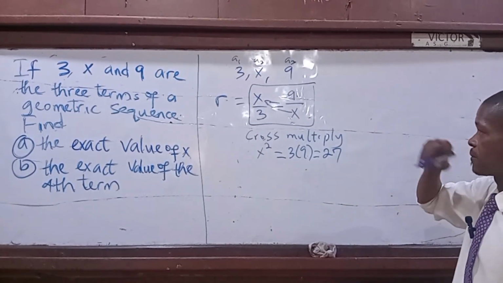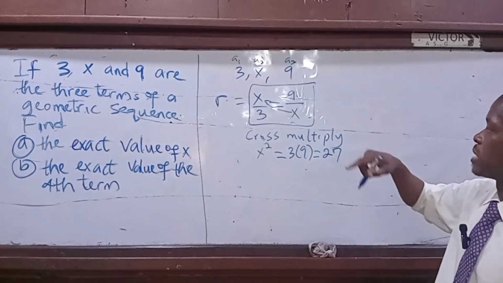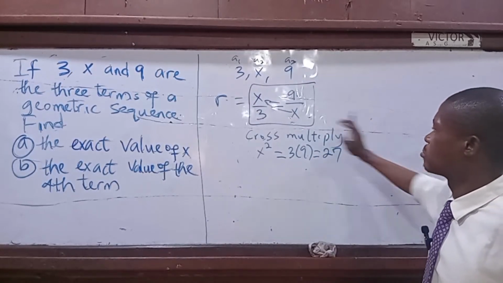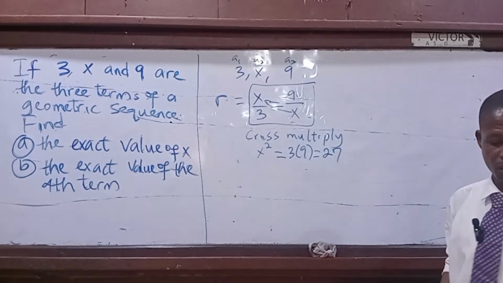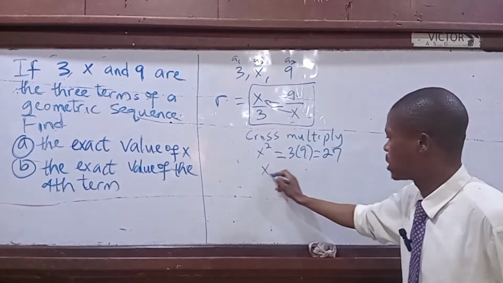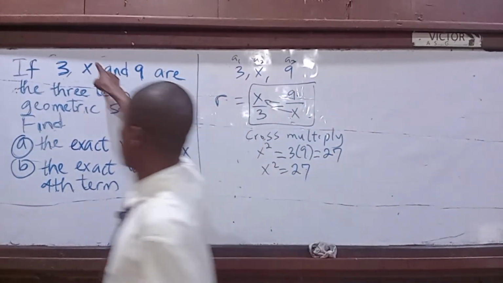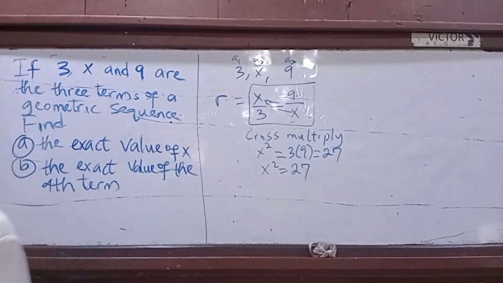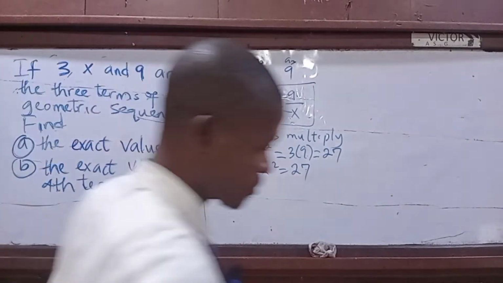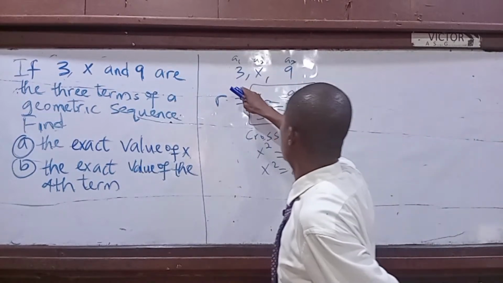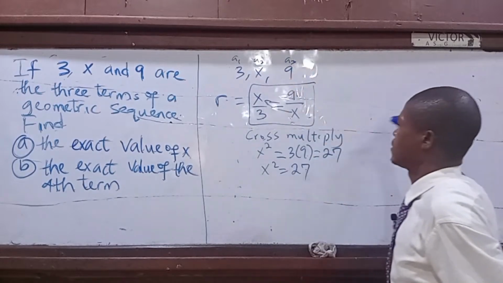So we have x squared equal to 27. That's what we have: the second term over the first term, and the third term over the second term.